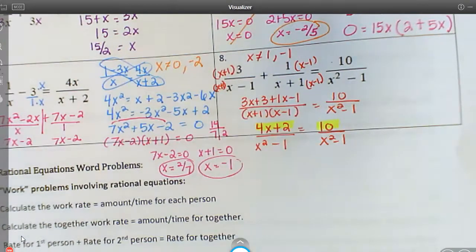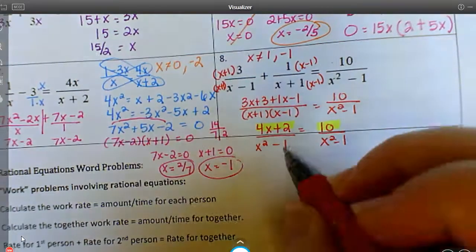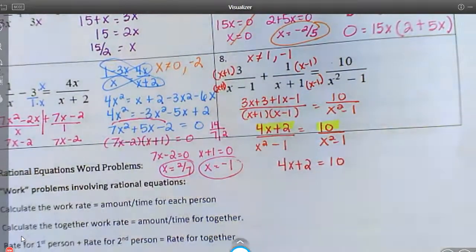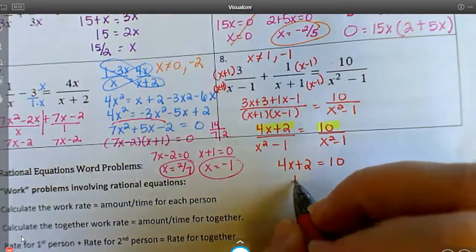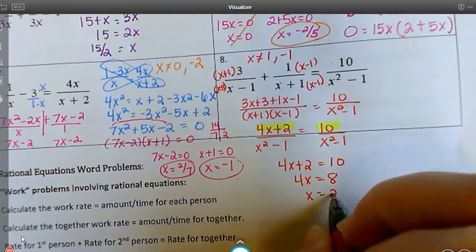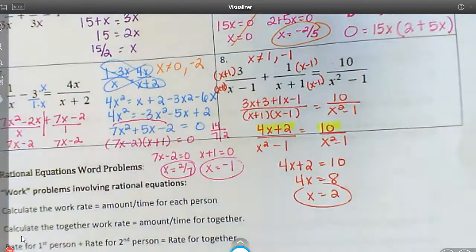So as long as you have the same thing on the bottom, you can just set the tops equal and not have to cross multiply. Because cross multiplying can be really strange, especially with all the things to multiply. So that right there tells me that 4x plus 2 equals 10. Subtract 2 on both sides. Divide by 4. And we get 2.